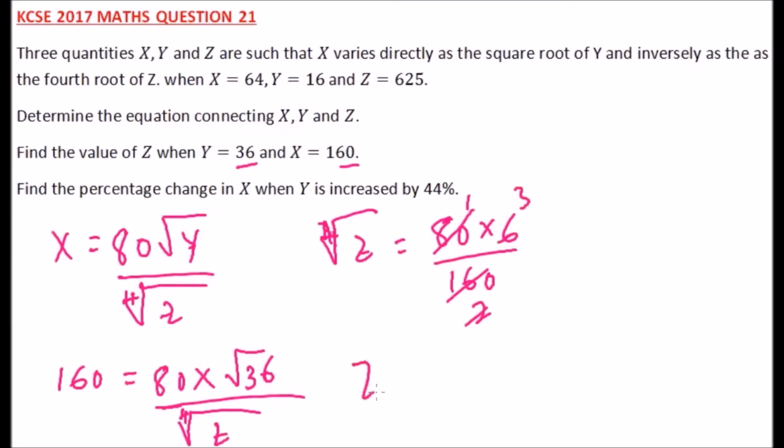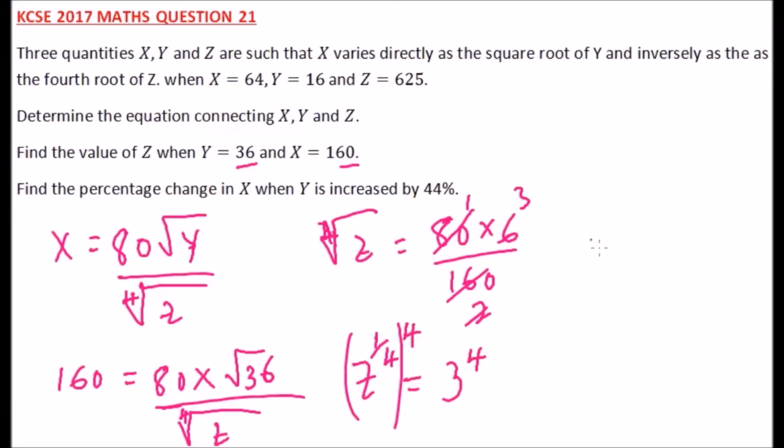So z to the power of a quarter, which is the same as the fourth root, is equal to 3. To get rid of the power, we raise both sides to the power 4.